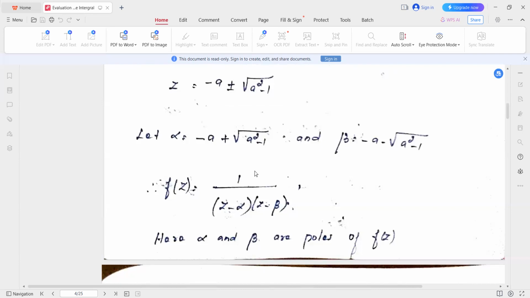But we have f of z as 1 by z square plus 2a z plus 1.